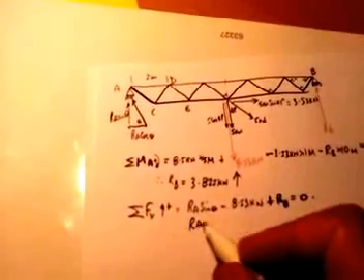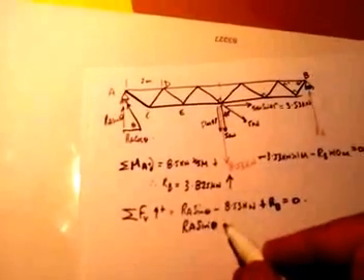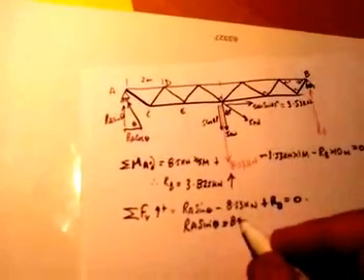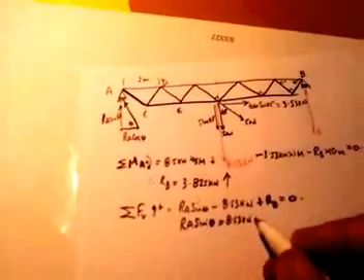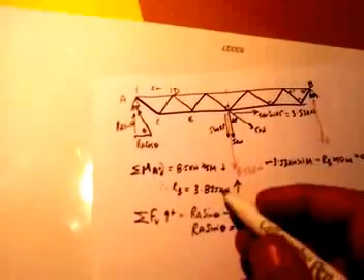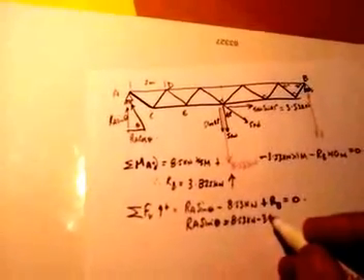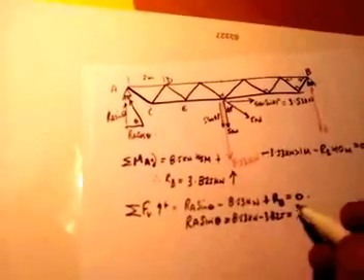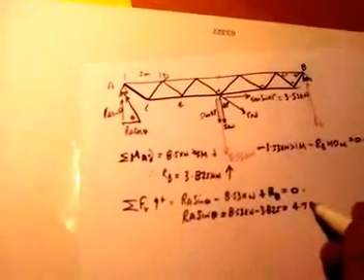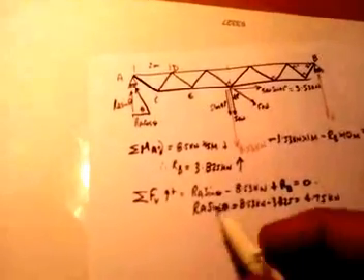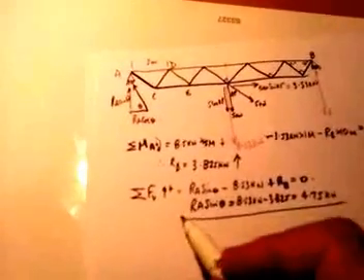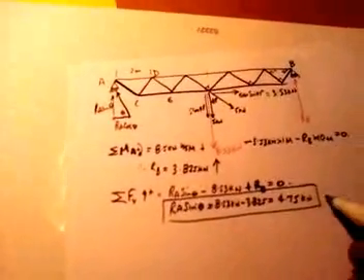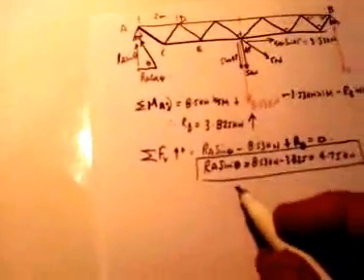And from that we can get that RA sine theta is going to equal 8.53 kilonewtons minus RB, which we've already worked out to be 3.825. So that now equals 4.75 kilonewtons. So we've solved for the vertical component of that force. We'll call that equation 1.